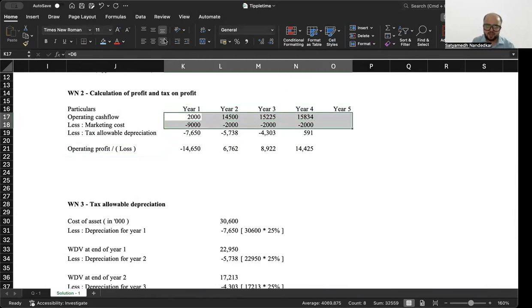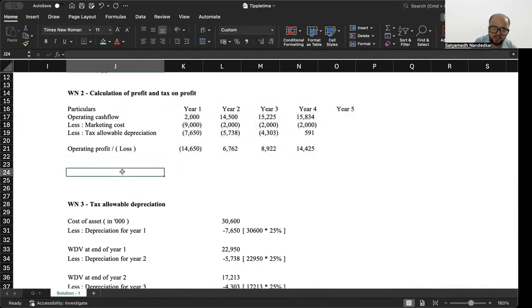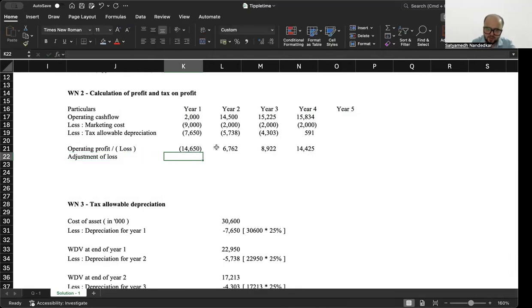And the question very specifically points out to you in no uncertain terms that if you have incurred a loss, then that loss will be carried forward and adjusted in the next year. Okay, so let's adjust the loss. Loss of 14,650 taken to the next year, adjusted against the profit of second year 6762.